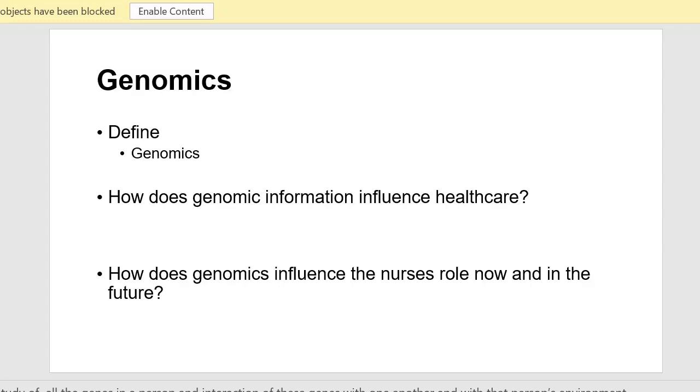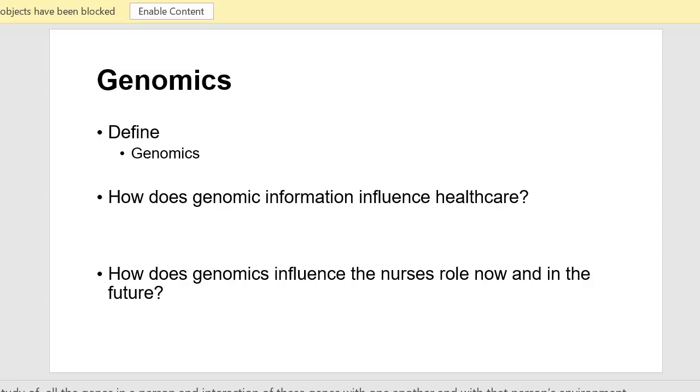Genomics can determine risk for diseases, and the patient can receive counseling before a disease or illness occurs. Nurses need to learn how this works and continue to stay informed because technology is increasing all the time.